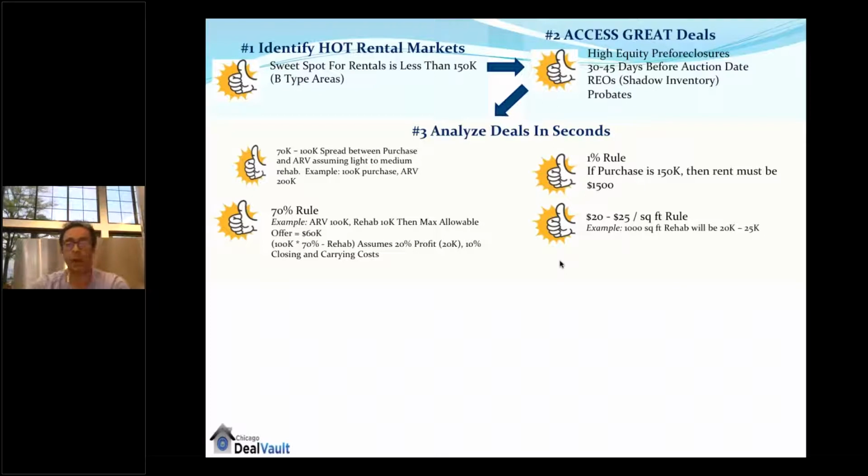So it better appraise for close to 200,000 because I need at least 25% equity, and the numbers are going to work great. So I buy it for 100, I put in 40, all in 140. I have 60,000 in equity. Okay, so you need at least 25%, which 25% would be 50,000. So super simple rules of thumb that will help you analyze deals in seconds.